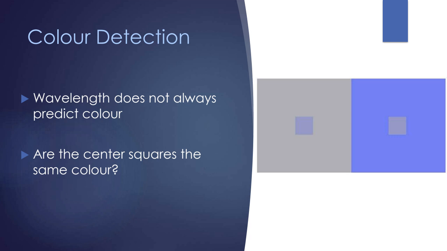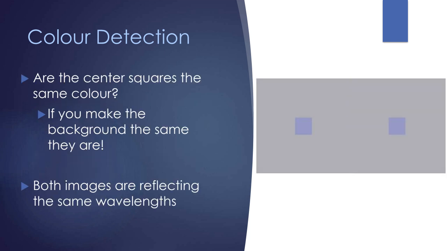So are the center squares the same color? I think they look different, but if we remove that background, we can see that they are actually the same color. So I was wrong. I didn't think they looked the same, but if you remove the background, they are indeed the same color.